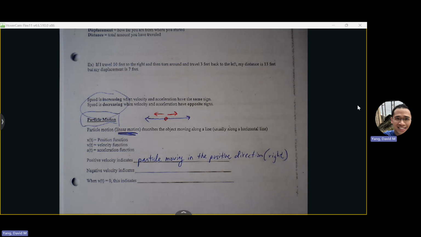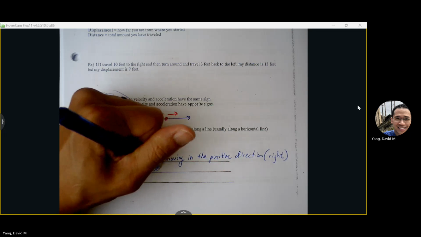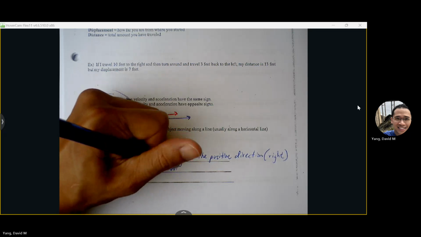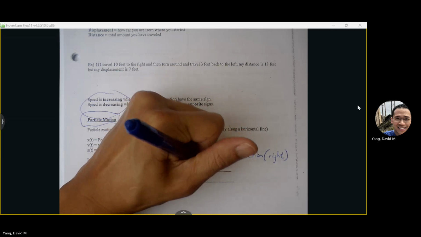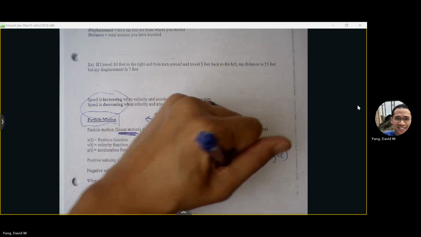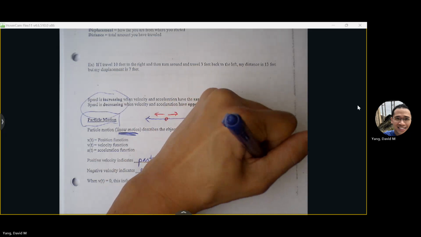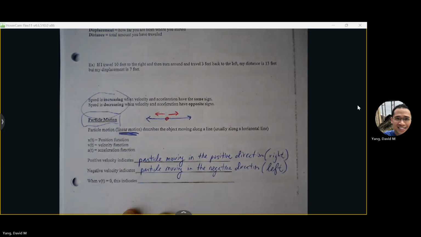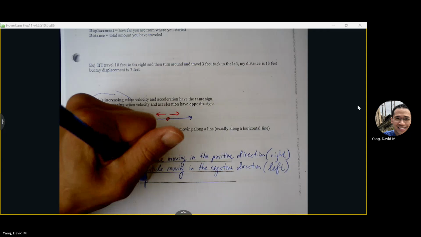Negative velocity indicates that the particle is moving in the negative direction, and that's usually to the left. And when velocity is equal to 0, that's when the particle is at rest.